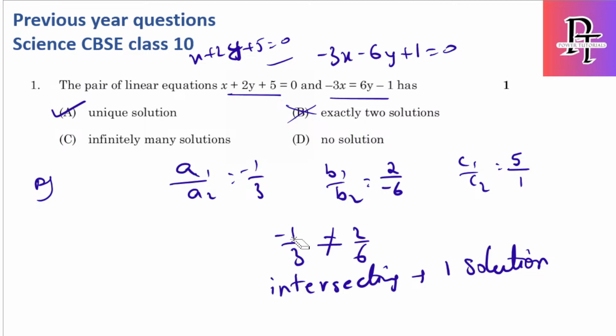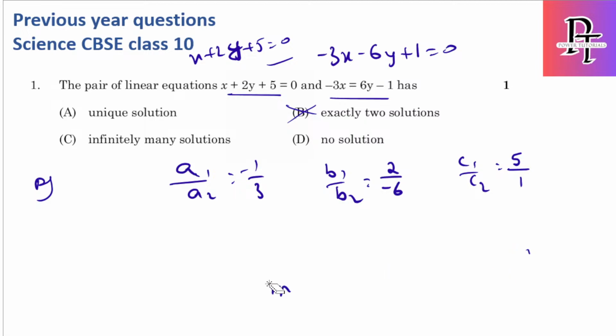Okay, let's change it. 1 by minus 3 and 2 by minus 6 here. So 2 by minus 6 is also minus 1 by 3. Minus 1 by 3 is equal to minus 1 by 3, and it is not equal to 5 by 1. If this is the condition, these are parallel lines.